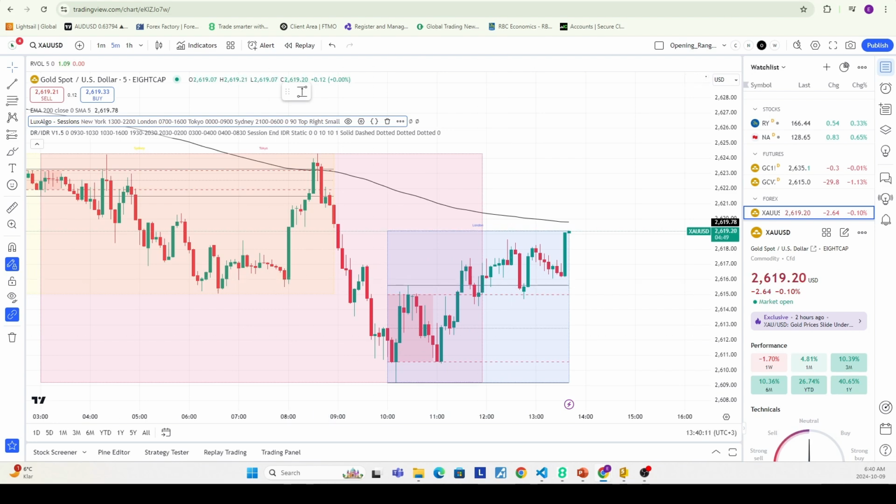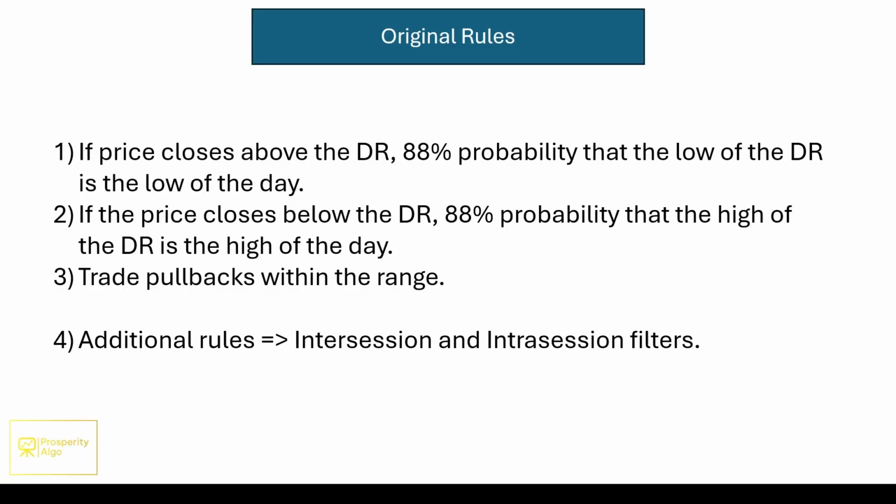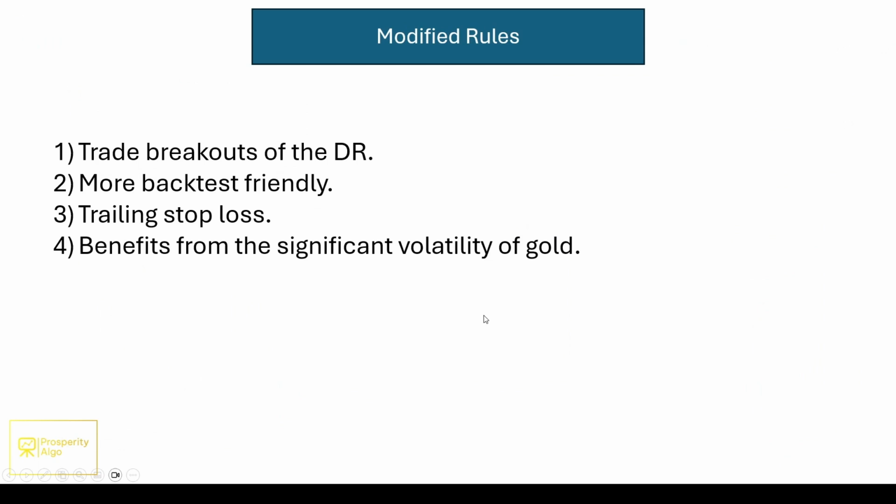So to return to the PowerPoint, to be able to test this concept, it would have been a little bit more challenging to test pullbacks, as there's a little bit of subjectivity.